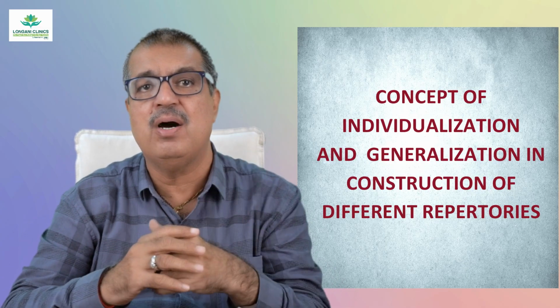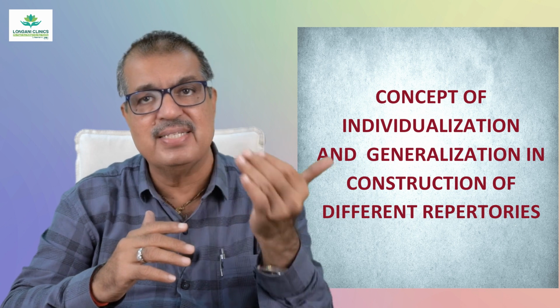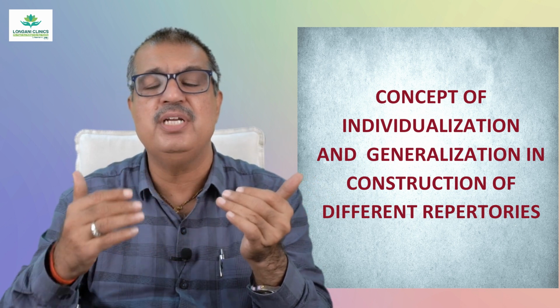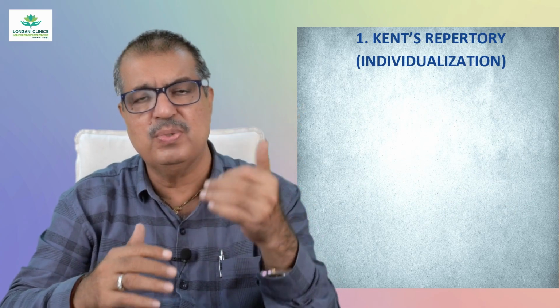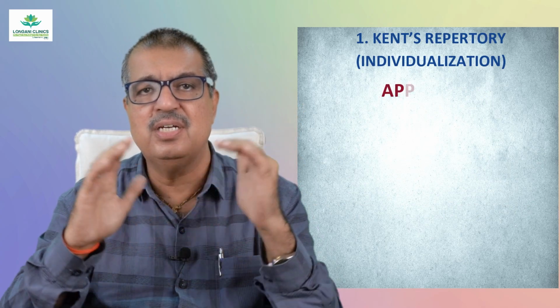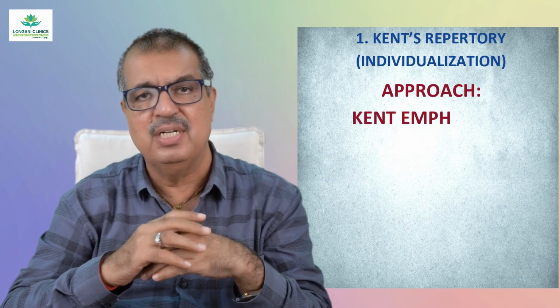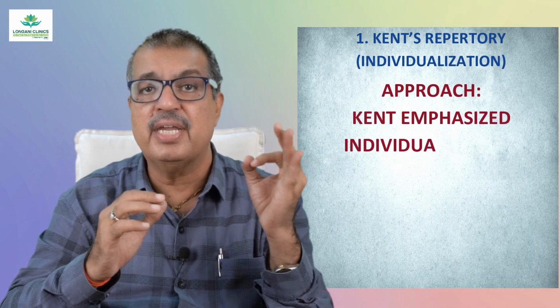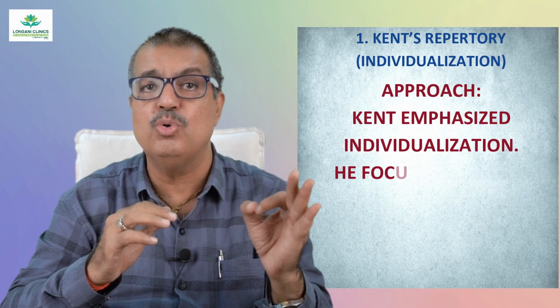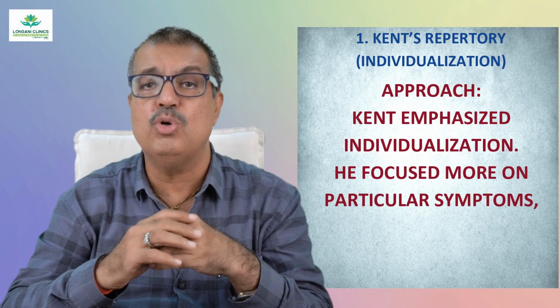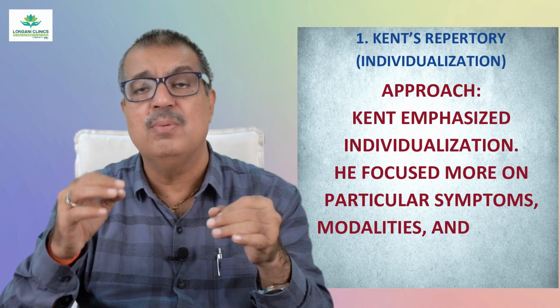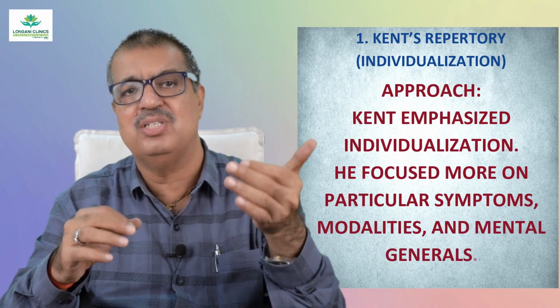Let's break it down in short with examples from Kent, Boenninghausen, Boger and TPB repertories. First one is Kent's repertory. Here you will find individualization. Now we'll see the approach. Kent emphasizes more on individualization. He focuses more on particular symptoms, modalities and mental generals.